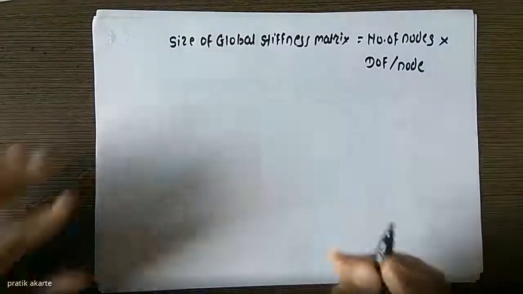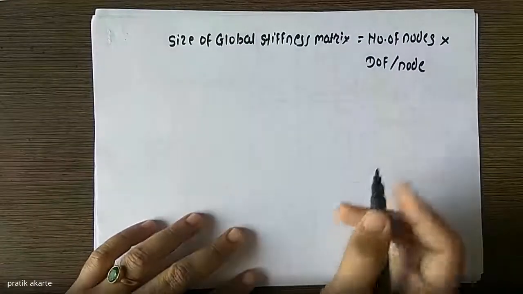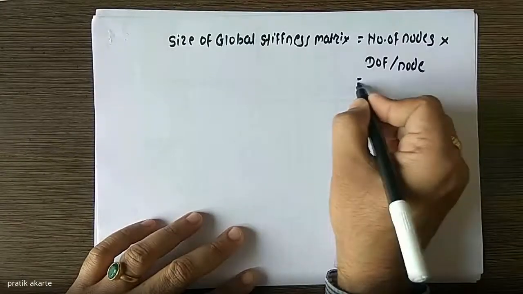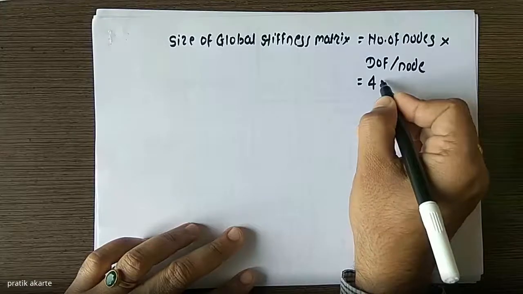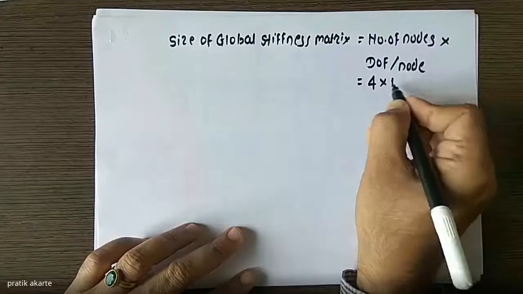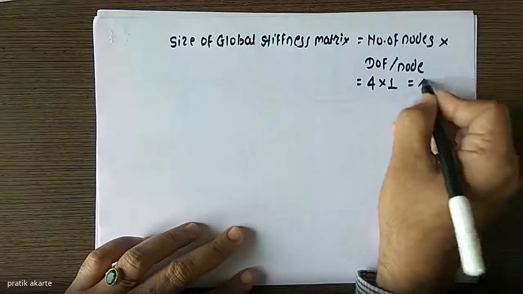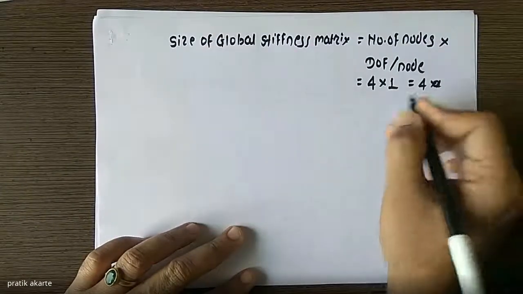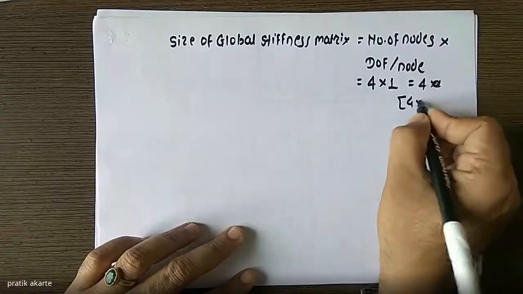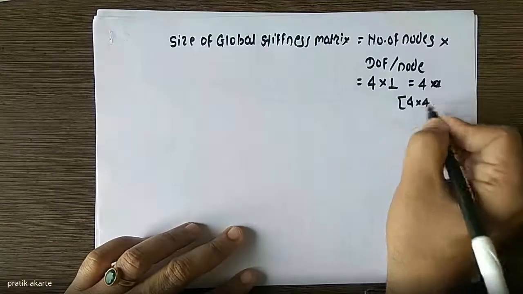That gives you the size of the global stiffness matrix. In the present scenario, there are four nodes and each node has 1 degree of freedom, so your matrix size will be 4 by 4 for this problem.